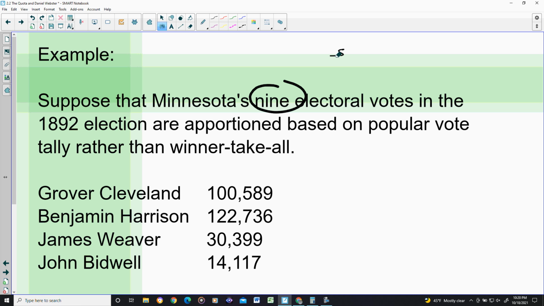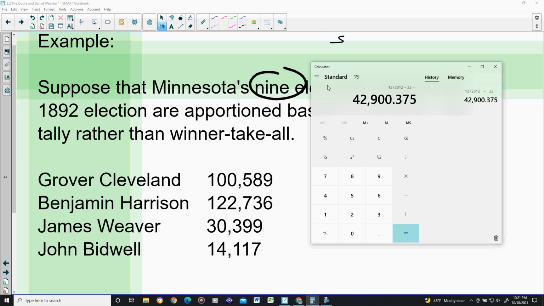So the first thing I can do is add some of these values together: 100,589, 122,736, 30,399, 14,117, and that gives me 267,841.